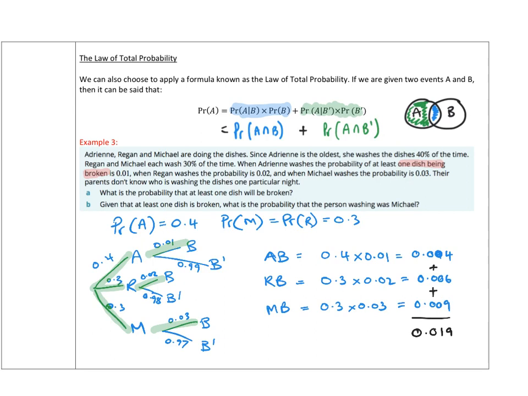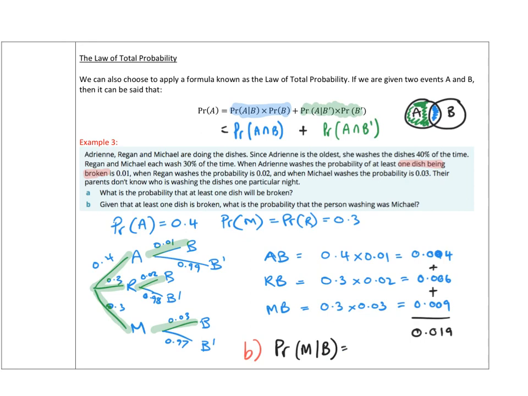Now part B says, given that at least one dish is broken, what is the probability that the person washing was Michael? And this is a slightly more complicated question. But if we think of it formulaically, we could say that part B, I'll write that out in red, is equal to the probability that Michael will wash given the dish was already broken.